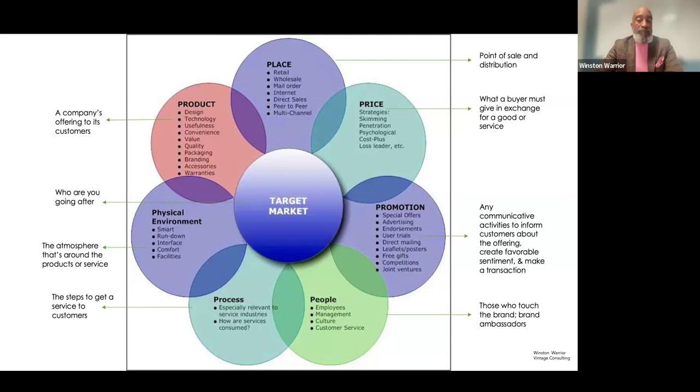Process is interesting because people don't think about process as being part of the marketing mix, but it is. Because think about this. Have you thought about calling, I won't mention any names because we may have clients on the line, but a utility company, and how fun is their process? How fun, I'm being facetious, how fun is it to get to someone to talk to?